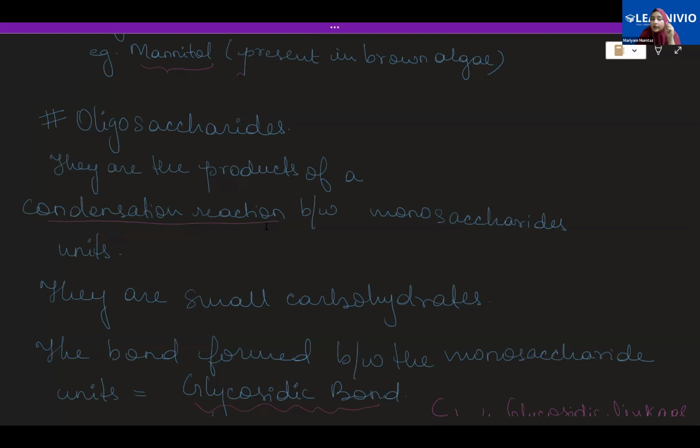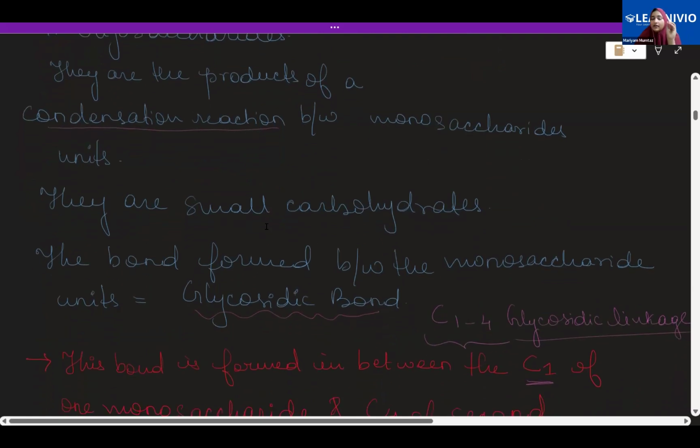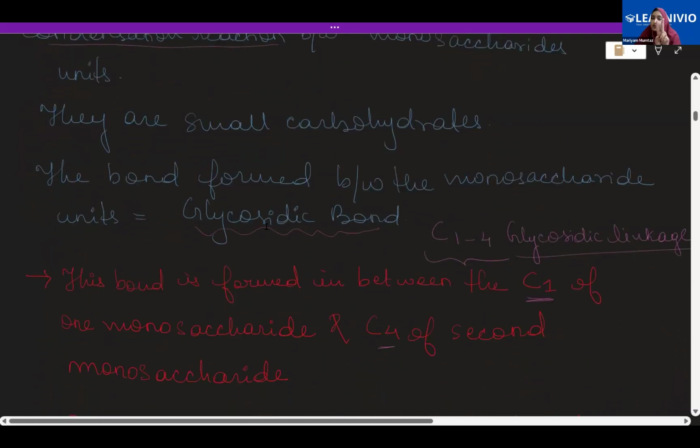Oligosaccharides are usually made by condensation reaction, meaning monosaccharide units condense together. These are small carbohydrates, and since two sugars are joining, the bond formed between the two sugars is called a glycosidic linkage or glycosidic bond.